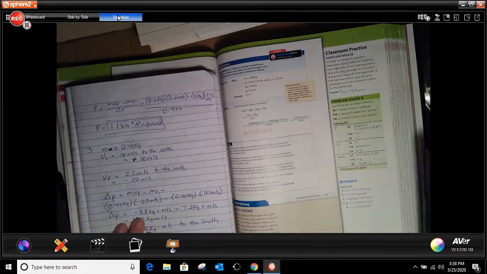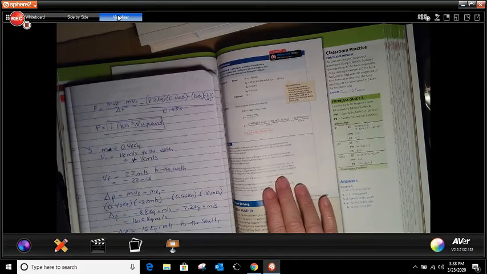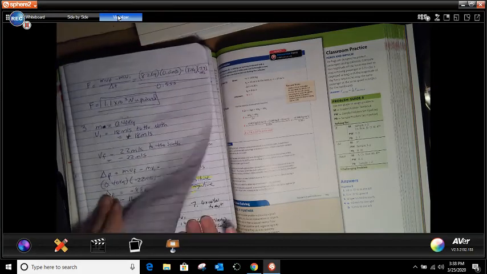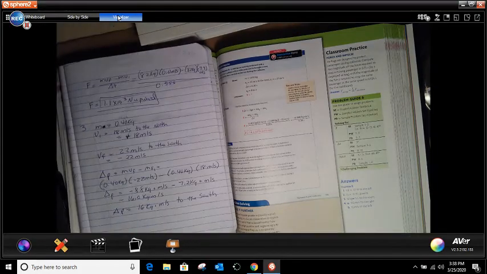Then number 3 is our last problem of the day. I showed how I did it, and if you need to pause this to look at it, you can.